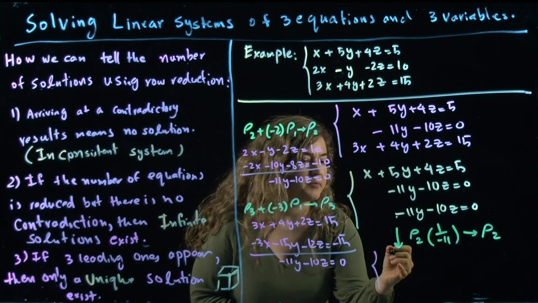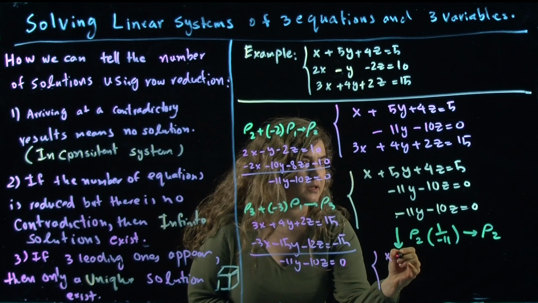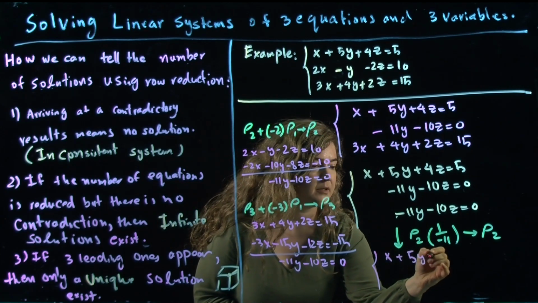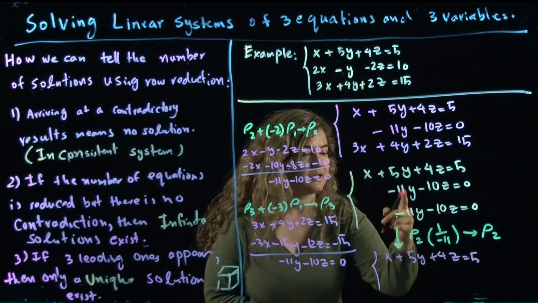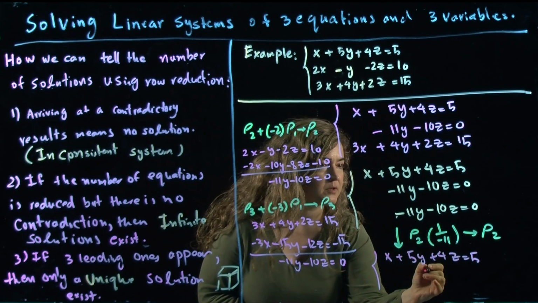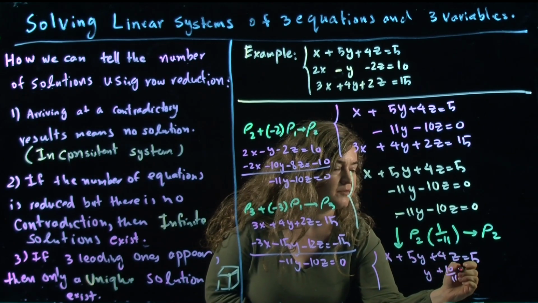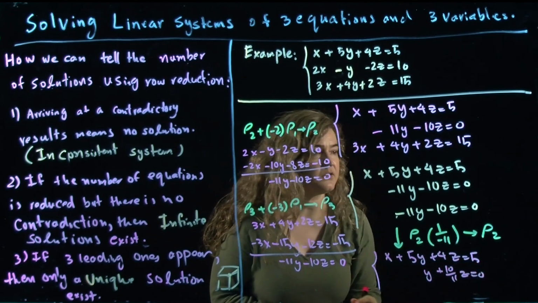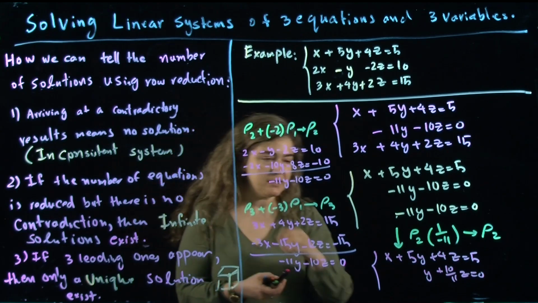I don't need scratch paper for this one. This will give me x plus 5y plus 4z equal to 5. Row 2 becomes y plus 10 over 11 z equal to 0. And then row 3 does not change.